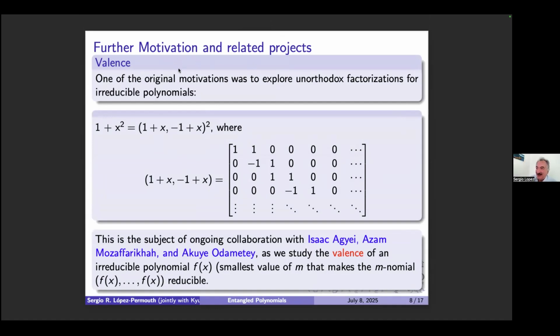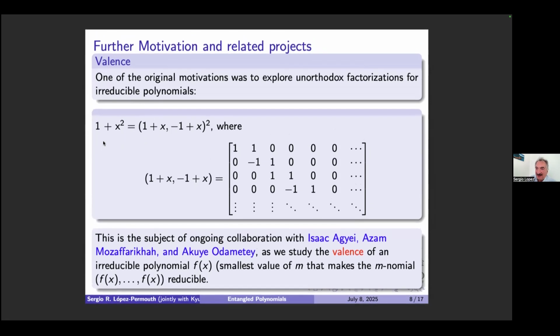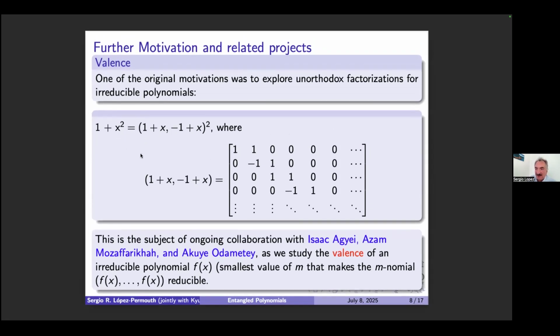These were some of the early things. When you think of 1 plus x squared as an infinite matrix, then it's 1, 0, 1. Then, down the diagonals, you have 1, 0, 1, 1, 0, 1, 1, 0, 1. It turns out that you can factor this as the square of this matrix.